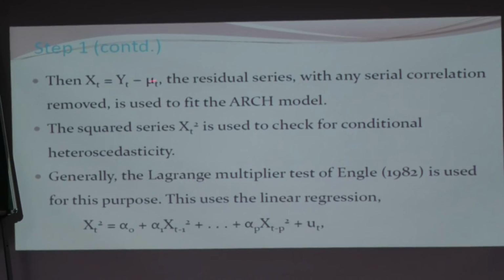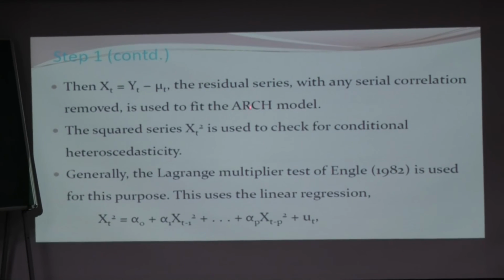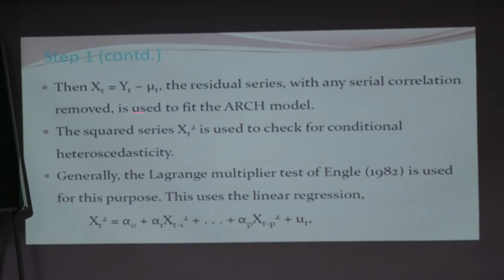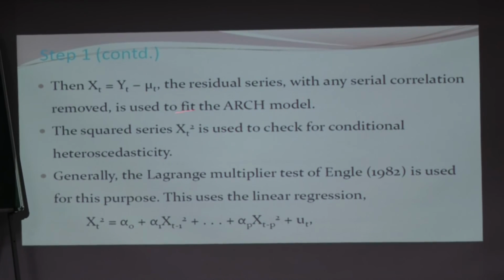So you have taken care of the mu t by the Box-Jenkins model. You look at the residual series, and remove any serial correlation. Then you look at the variance of this model. Model the variance using the ARCH or the GARCH model. I'll come to the GARCH in a moment. How do you test? Sigma t square.